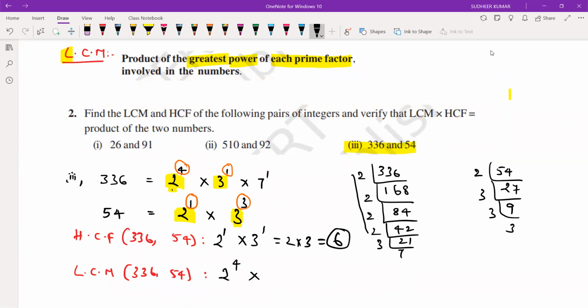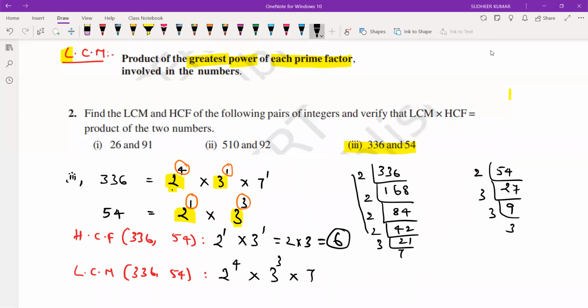Next common factor, 3 power 3. Then into the remaining values with the same powers. There is a reason: into 7 power 0 we can write the same base, and the power 1 is highest, so that can be taken. This is the actual procedure. Other than that, you can remember that after finding the highest powers of the common prime factors, you multiply the other factors with the same powers.